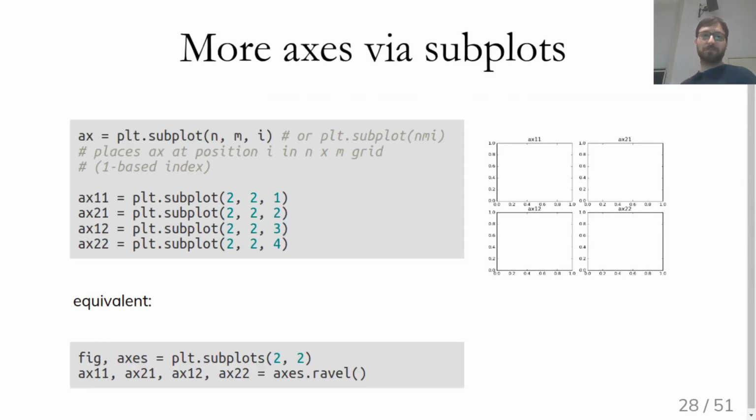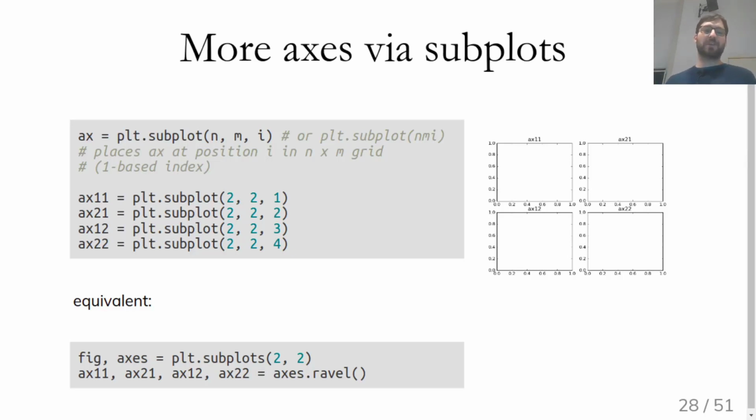So if you really like MATLAB, there's one way to create a similar thing, which is just called plt.subplot nmi, where n and m is the shape of the grid, and it will add something to the ith, and you will get the ith element of this grid back.